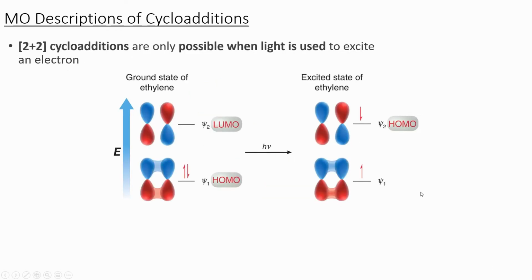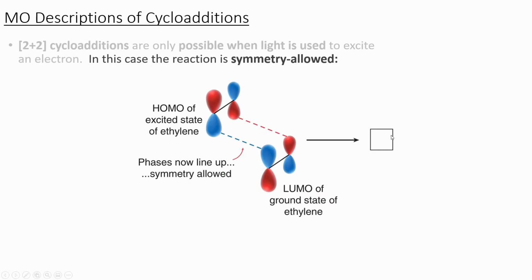In order for us to execute this reaction, we must use light to excite one of the electrons from the lowest orbital up to the second energy orbital, and this now creates a new highest occupied molecular orbital. And then when we go to run the reaction, we see now that we have 2 orbitals which will overlap, and the reaction will be symmetry allowed.